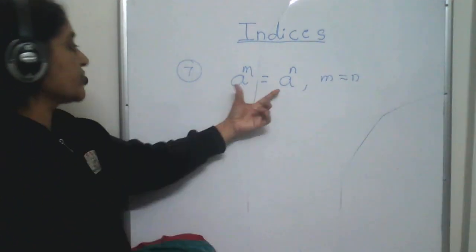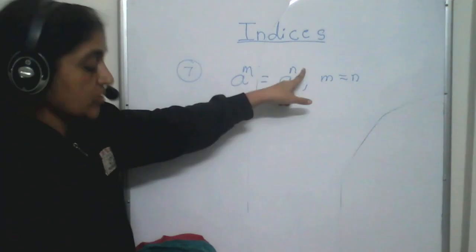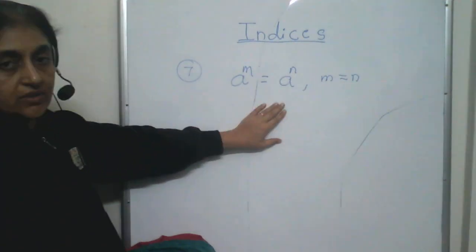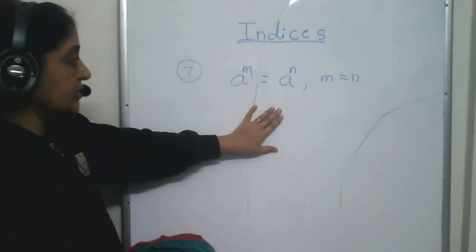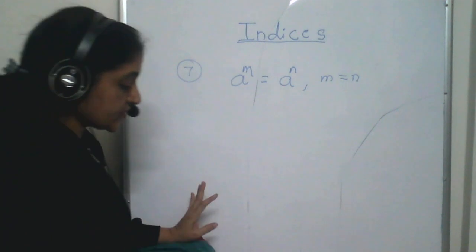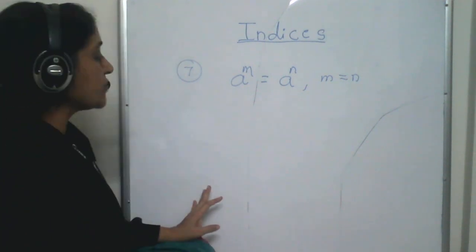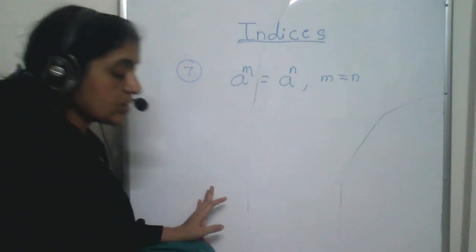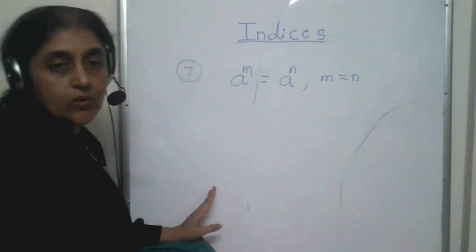At that point of time, m is equal to n. You have almost done it and learnt about this one. Just to remind you, I have written this one. Here also, a should always be greater than 0 and not equal to 1.